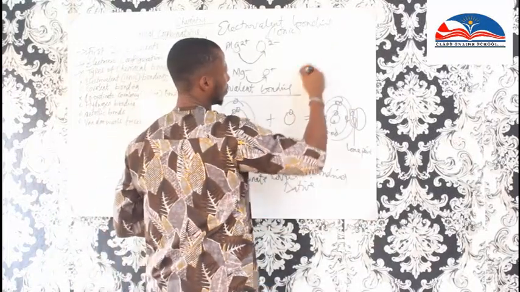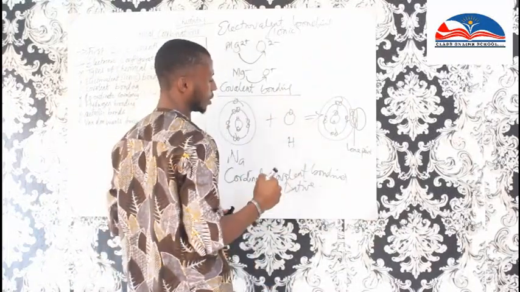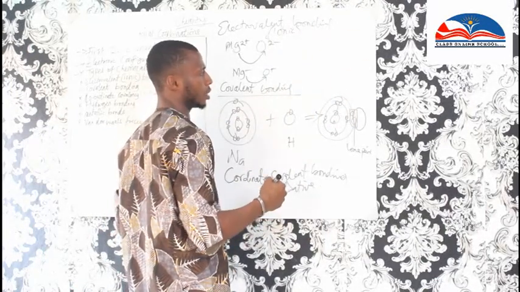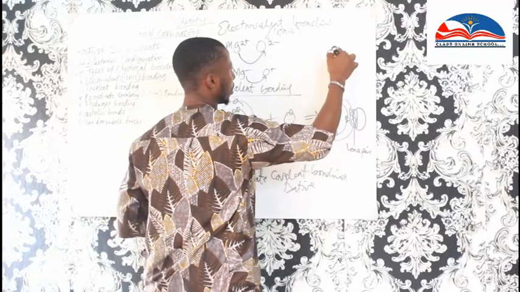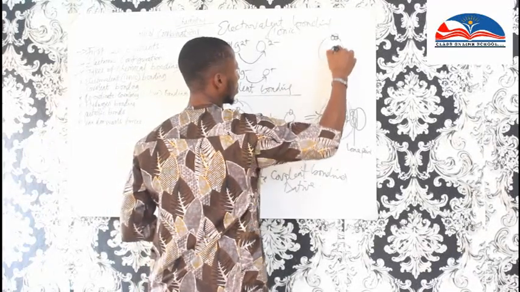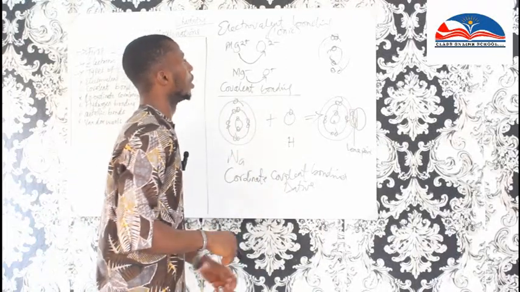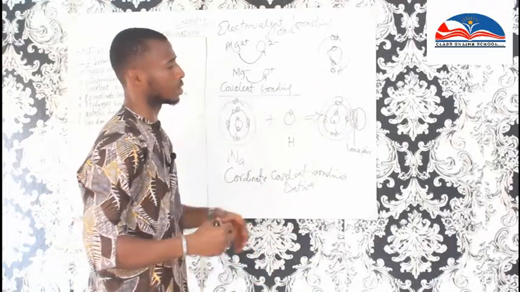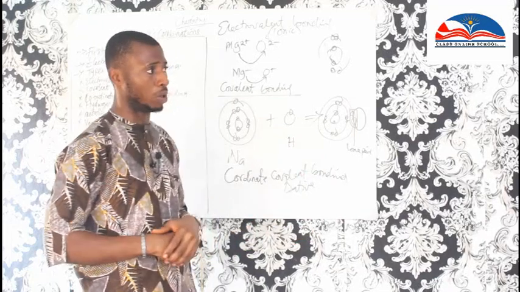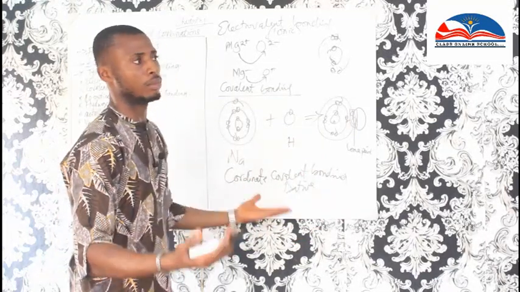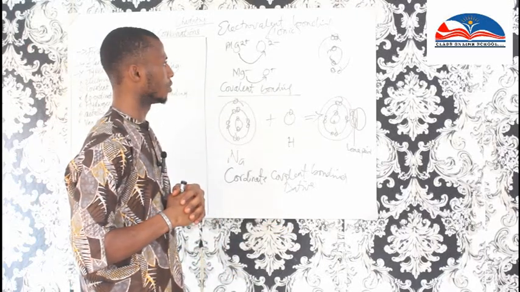Now we have carbon. Carbon has 6 electrons in the atom shell. 1, 2. Alright, this is for carbon. Now, carbon is going to bond with other elements. Let me say hydrogen.